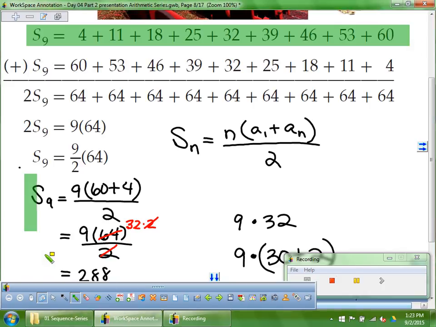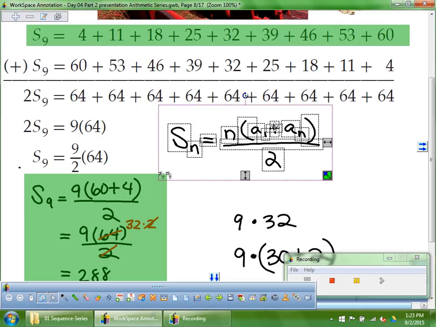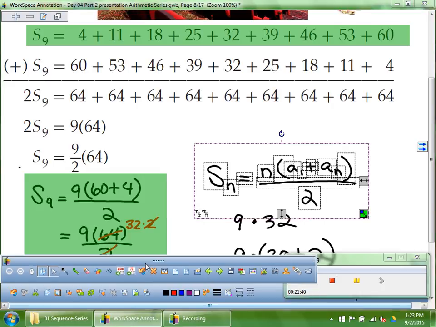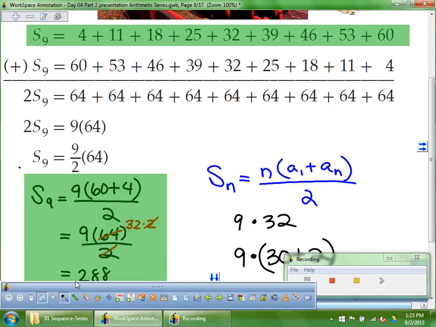That's all you really need. What's in green? I'm going to erase this other stuff. We're going to put this in blue. And then I'll put the pieces of information.